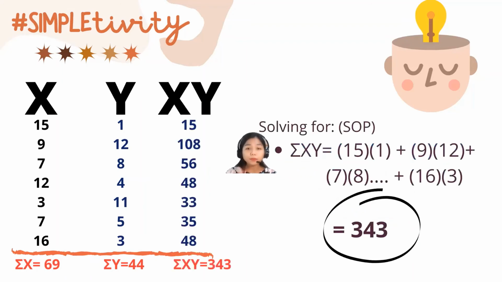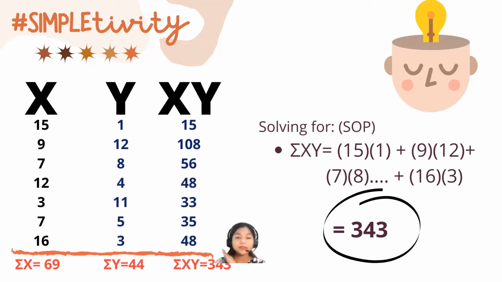How about the sum of products? So the SOP is this. First, we are going to multiply the two variables. So 15 times 1, it's 15. 9 times 12, it's 108. 7 times 8 is 56. 12 times 4 is 48. 3 multiplied by 11, not 12, it's 33. 7 times 5, it's 35.